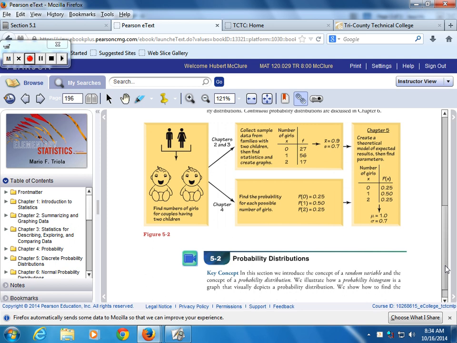The probability of a couple having 0 girls is 0.25. Probability of having 1 girl is 0.50. And the probability of having 2 girls, in other words both being girls, is 0.25. If you did boy-boy, boy-girl, girl-boy, girl-girl, you would come up with these numbers. So what they're doing is bypassing the actual calculating of the probability, which you learned in chapter 4.